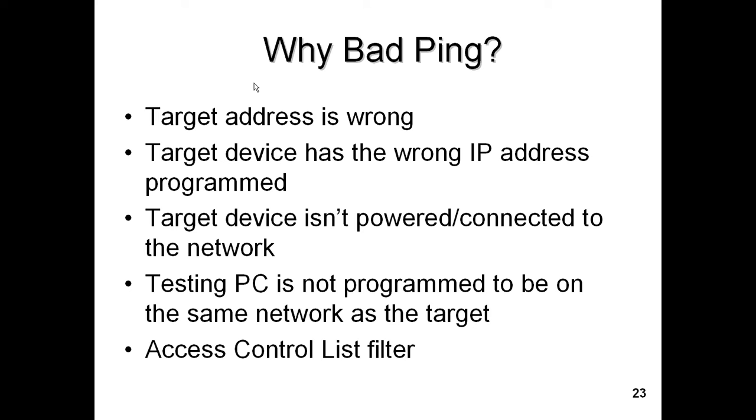That's going to give you that kind of result. You're not hitting the right target, right? You're not hitting the right IP address, so it's not going to respond. Now, the third one on the screen, hey, if the device isn't connected to the network or it isn't powered up, it is not going to respond to the ping test.